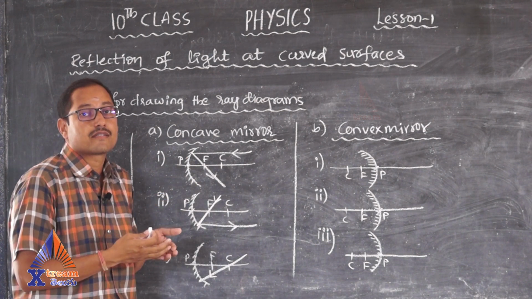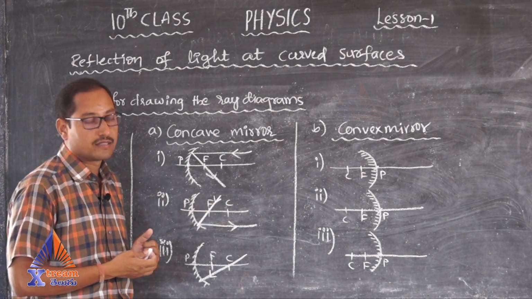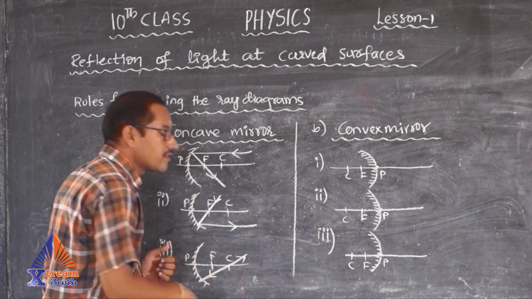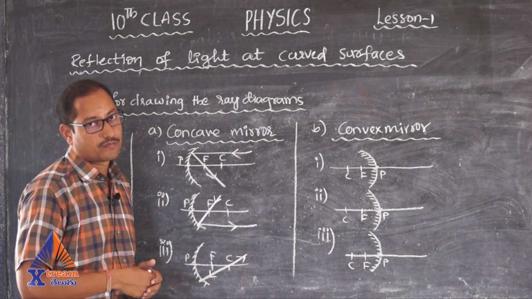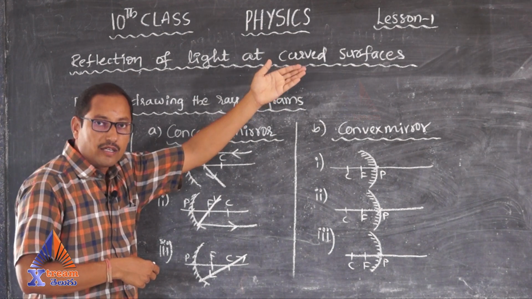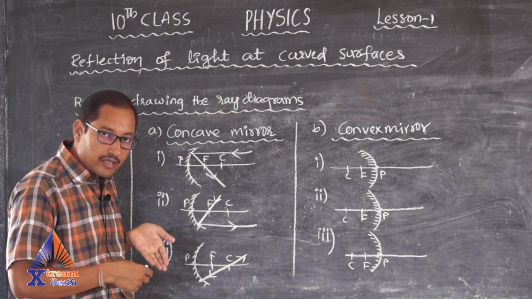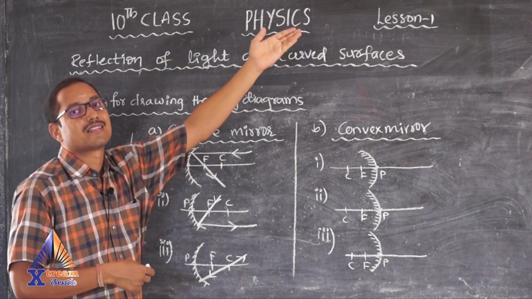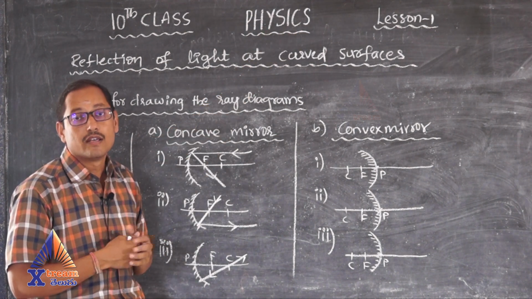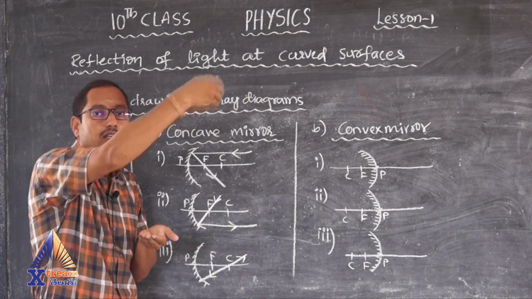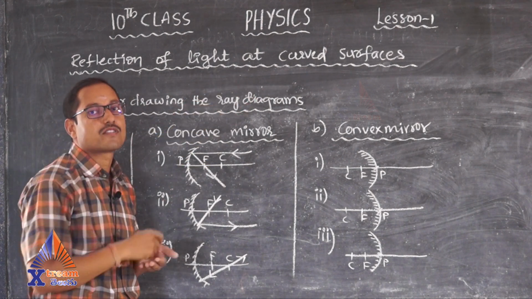Means it traces the same path back. We call it retraces the same path. That means if it is coming through the center of curvature, it gets reflected back through the center of curvature once again. Means there is no difference between incident ray and reflected ray.